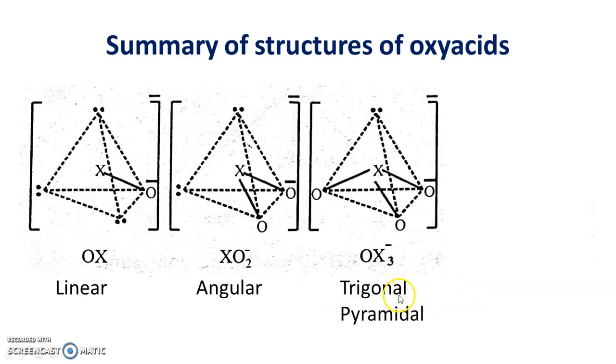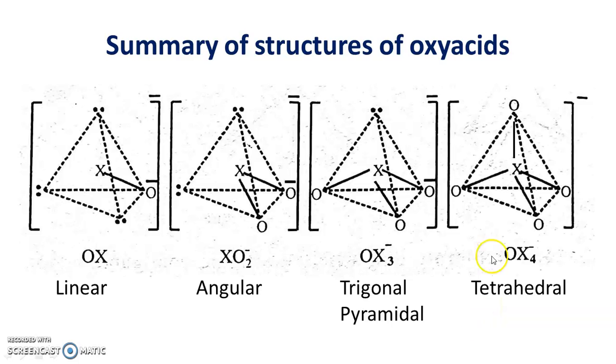Then chlorate ion has a trigonal pyramidal structure, or OX3 minus ion has a trigonal pyramidal structure, and perchlorate ion has a tetrahedral structure where the halogen is at the center and 4 corners are occupied by the oxygen atoms. So this is about the structures of oxyacids of chlorine. In the next video we are going to discuss the interhalogen compounds.